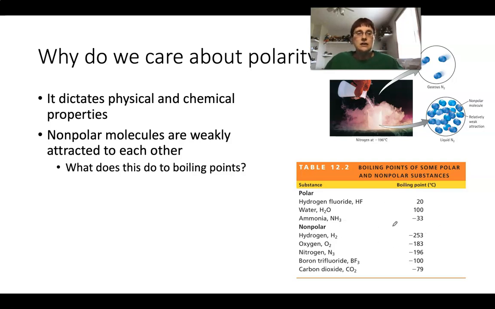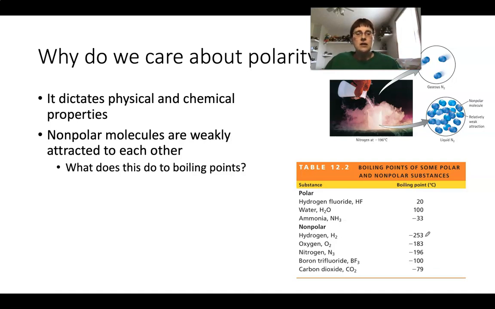If you take a look down here in the table, we've got polar molecules and nonpolar molecules. The boiling point for all of the nonpolar molecules is in the negatives. And not just a little bit, a lot.